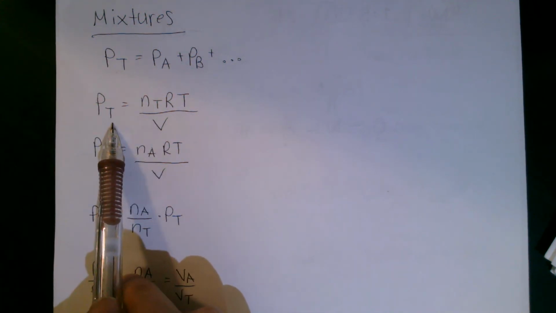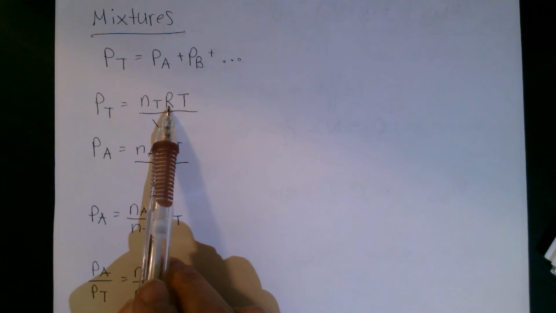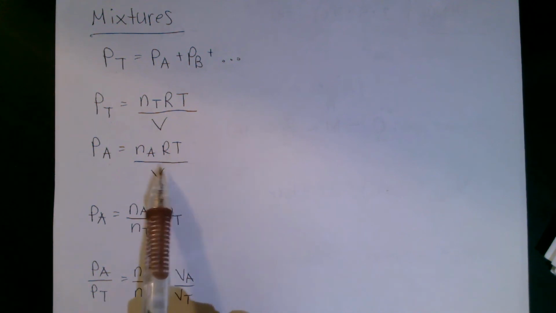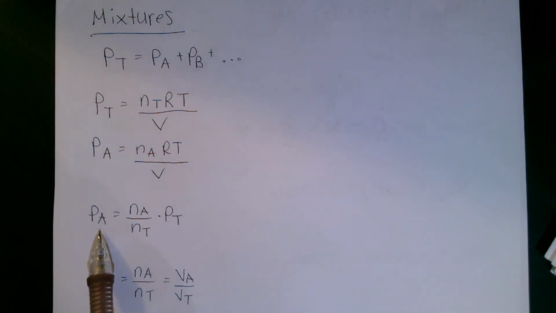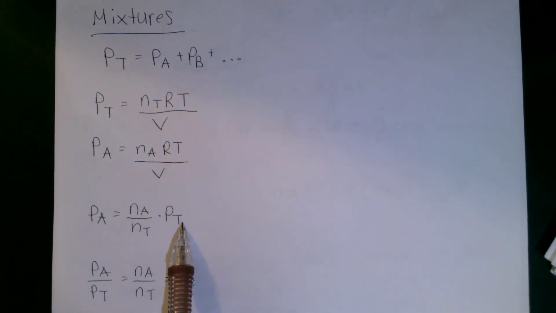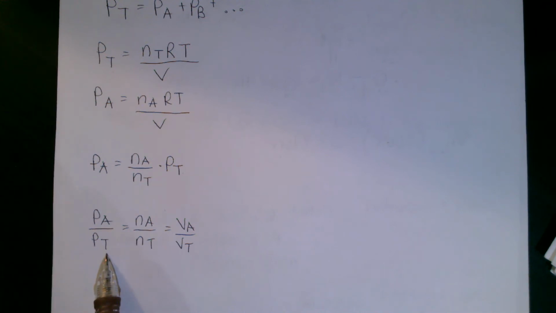The total pressure inside a mixture is equal to the total moles RT over V. The pressure of just gas A is equal to moles of A RT over V. Pressure of A is equal to moles of A over the total moles times the total pressure.